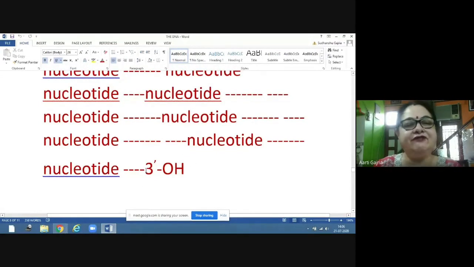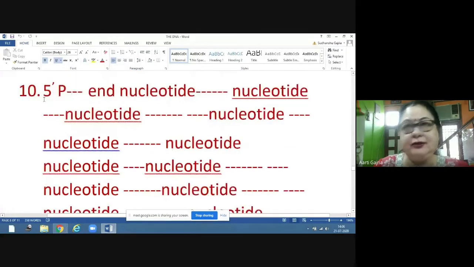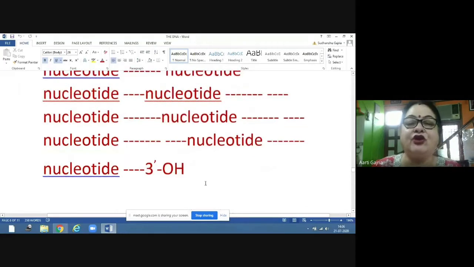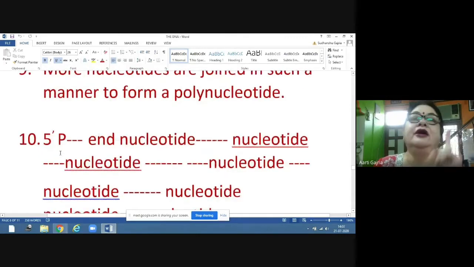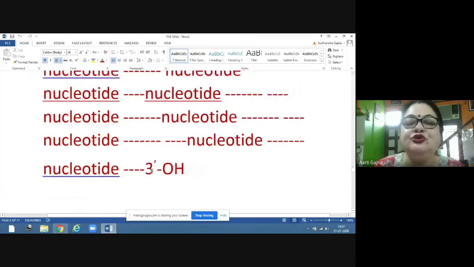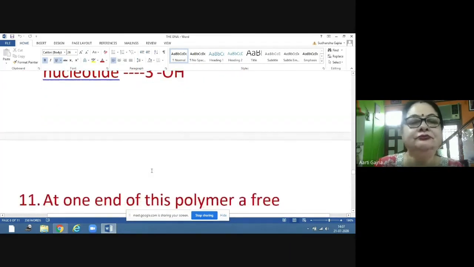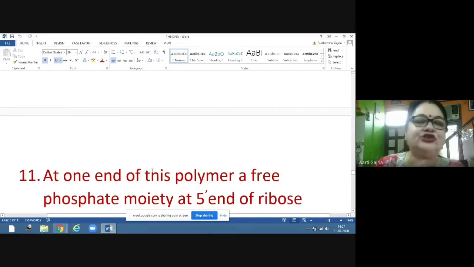So at one side you have a free phosphate group at 5', and a hydroxyl group at the other side, at 3'. That's why one chain, one fragment of DNA, runs from 5' to 3'. It will become clearer when I show you the diagram.